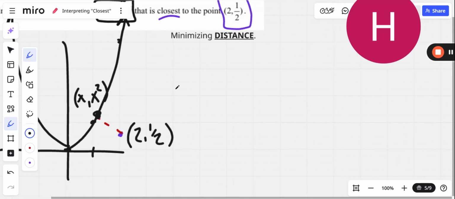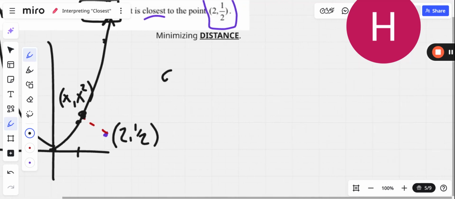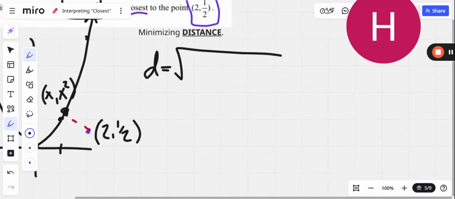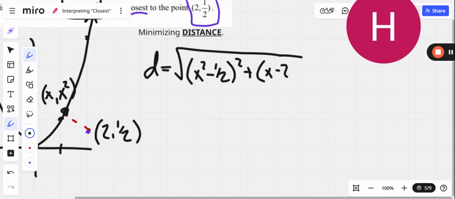So let's write up the distance formula. And then there's a little bit of a nuance here that I want to mention. So we have x squared minus 1/2, that is squared, plus x minus 2 squared.